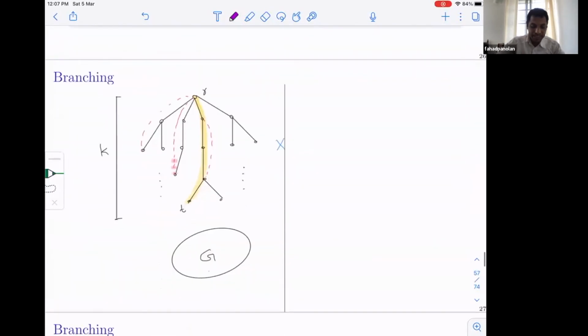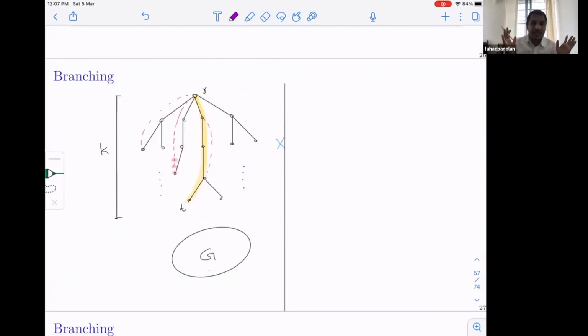Initially, we guess the structure of the tree or the forest, and we also guess this special path T to R, and G is at the bottom. Currently G is at the bottom because we didn't place any vertex from G on this path or this forest.